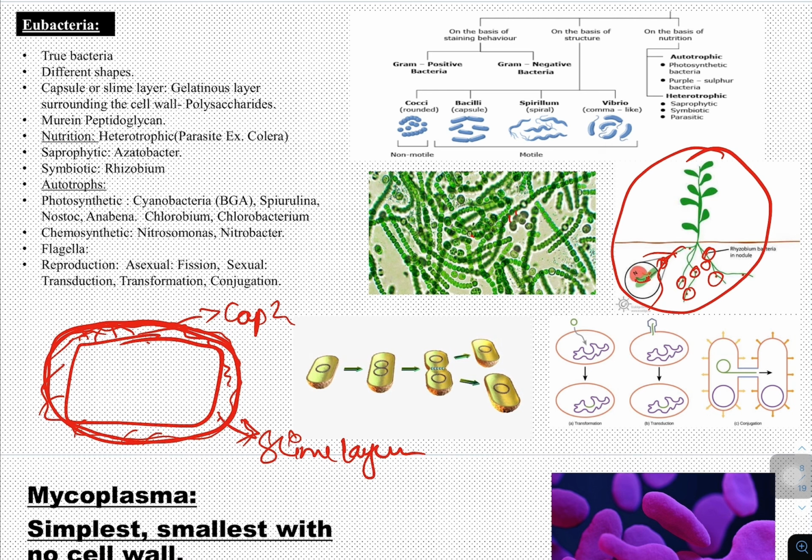They seek shelter and take nutrition from the plant. In turn, they fix atmospheric nitrogen for the plant. Hence it is called a symbiotic association. The plant helps the bacteria, and the bacteria help the plant. There is no harm between the two organisms.